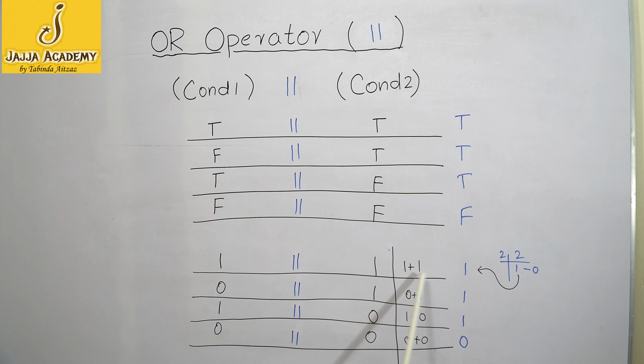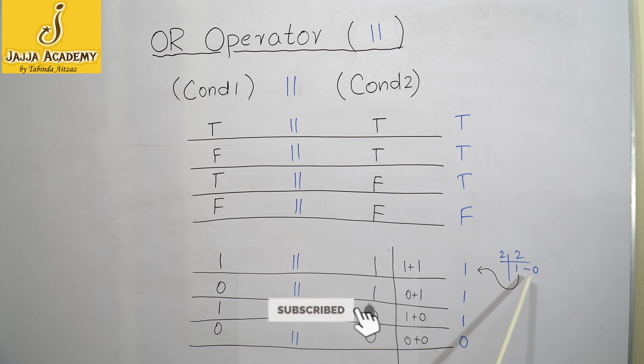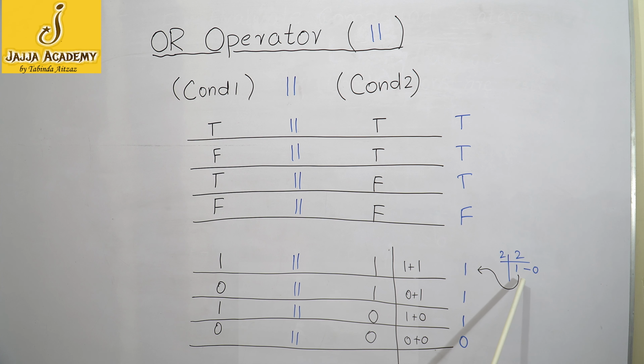As the answer is 2, 2 will be divided by 2, 2 ones are 2 and 0 is the remainder. So this 1 will be written here, and 1 plus 1 will produce 1. Or simply, if condition 1 and condition 2 both are true, the OR operator will return true.